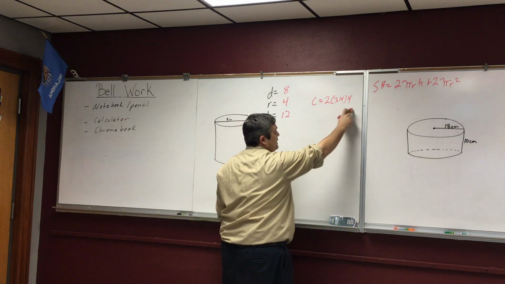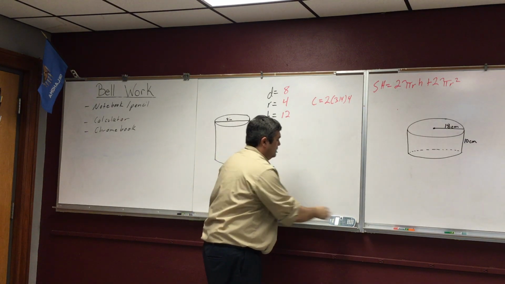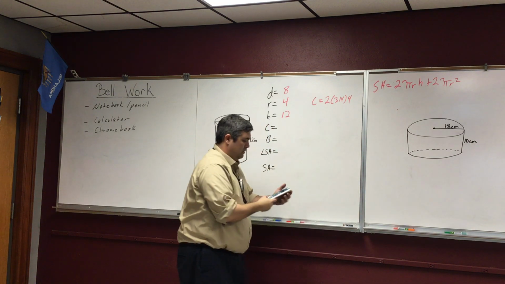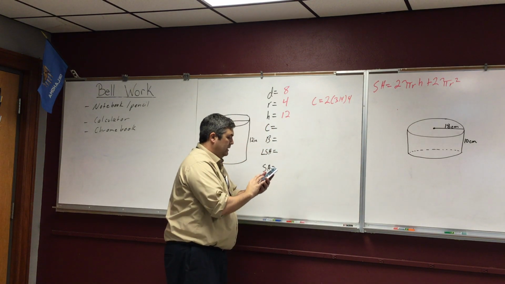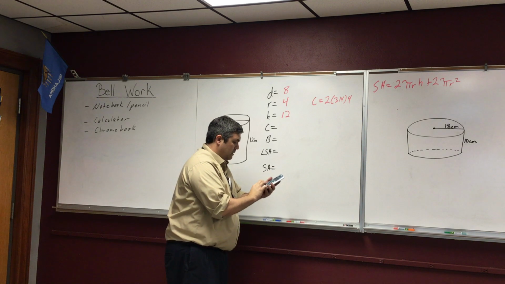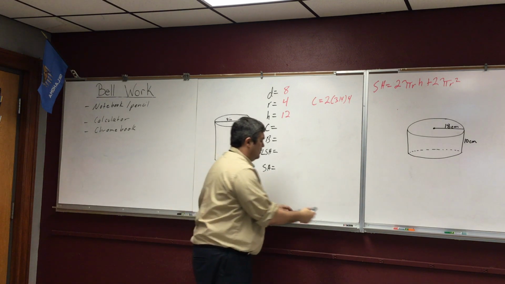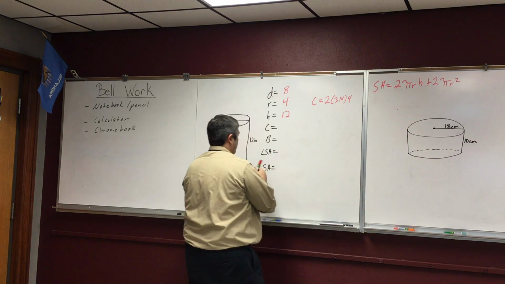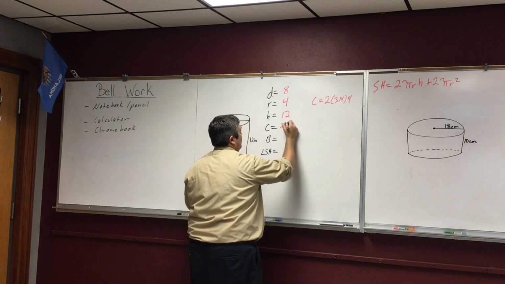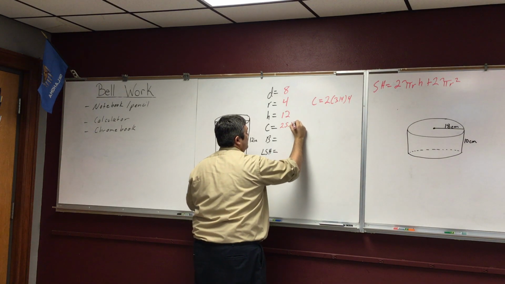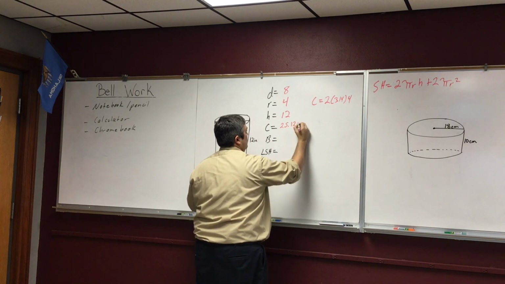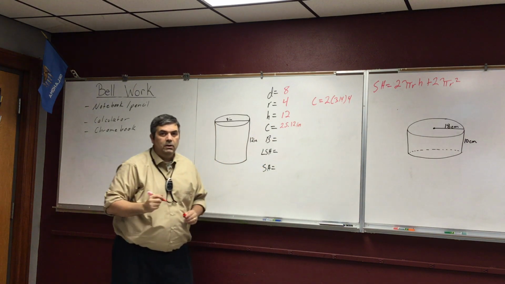So here, I need to just multiply those together, so I got my circumference. Now, when I do this, I'm actually going to label this one correctly. Okay, so 25.12 inches.